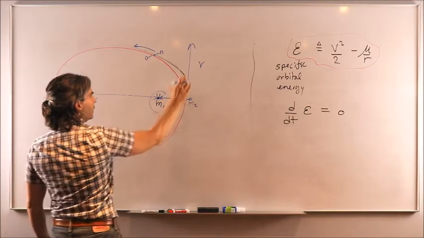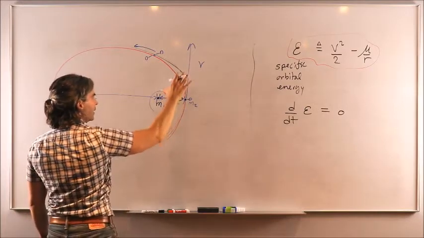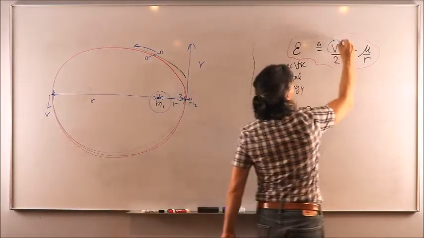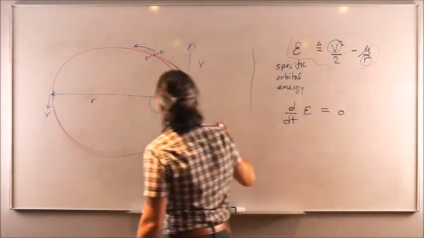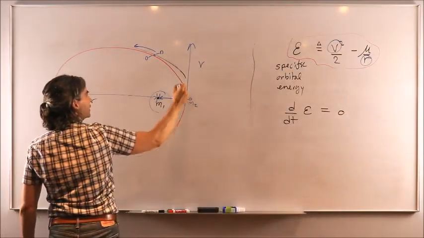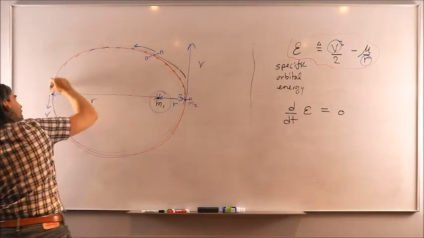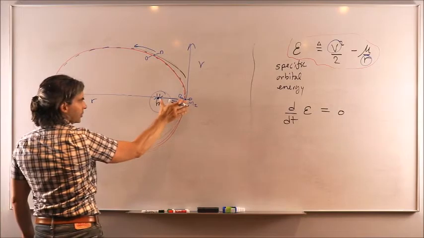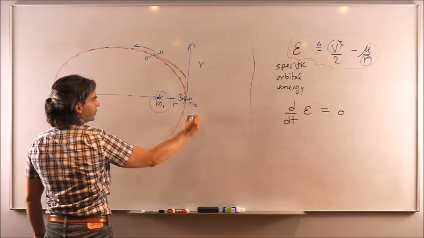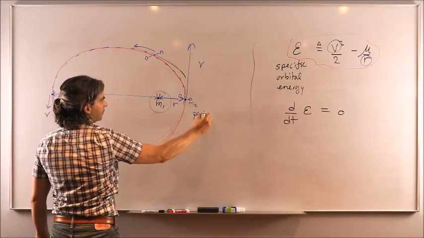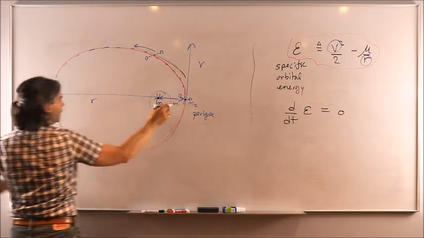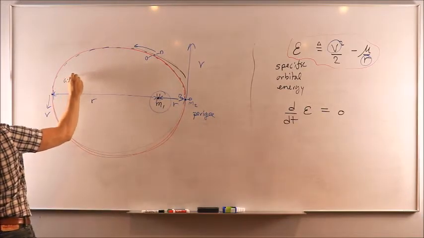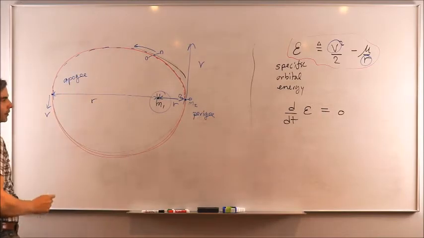So R and V are being scaled up and down, inversely proportional to each other, to ensure that the net orbital energy stays exactly the same at any point along the orbit, including the closest point, which is known as the perigee of the orbit, and at the farthest point, which is known as the apogee of the orbit.